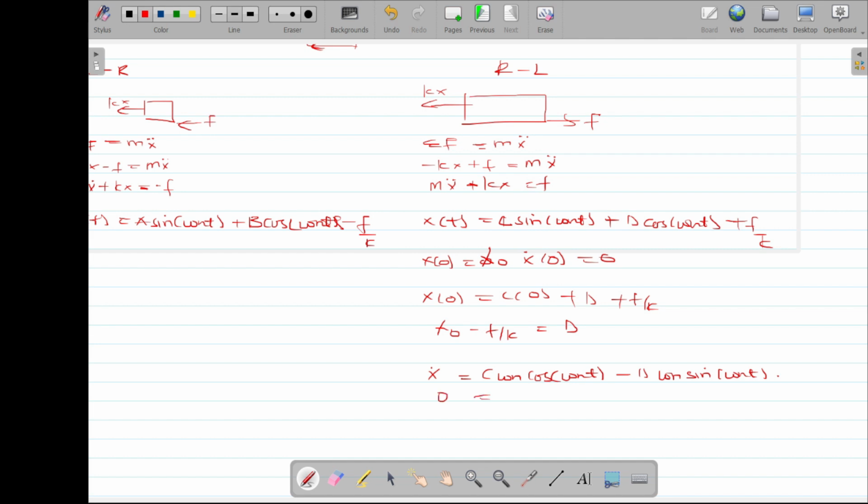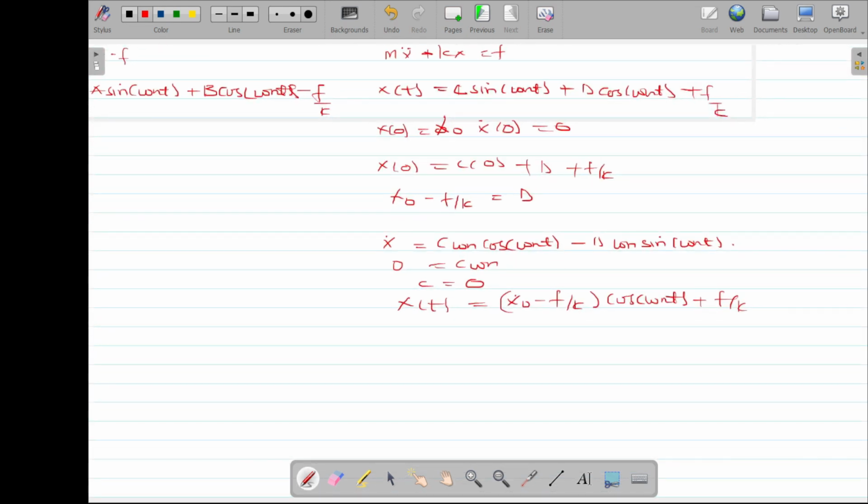And the velocity is 0, so C omega n is what will remain. This will be 1, this will be 0. So from here, C is equal to 0. So you can say x at any time t when the body is moving from right to left is equal to x naught minus F on k multiplying cos omega n t plus F on k.